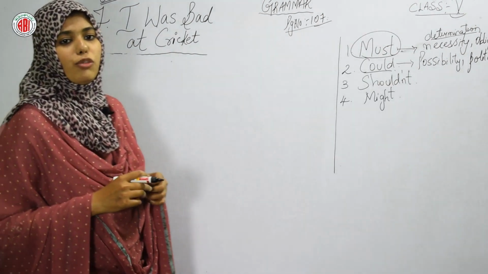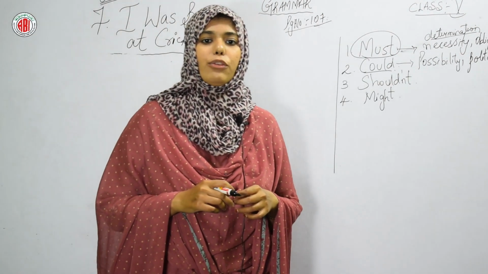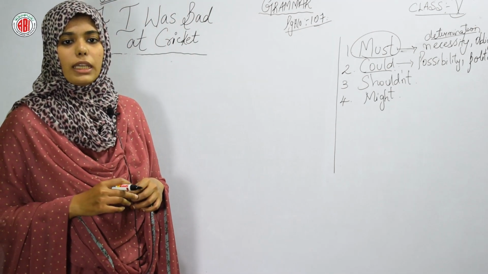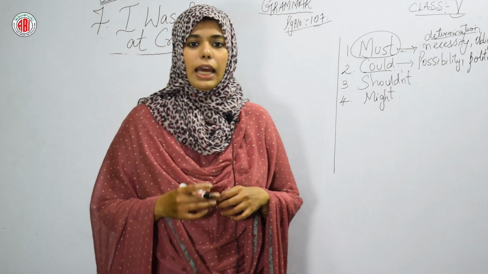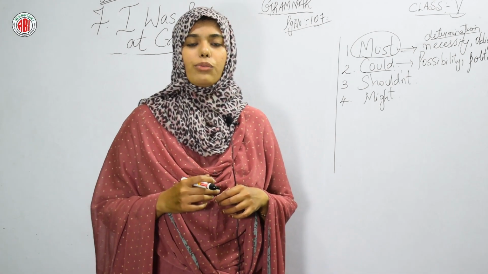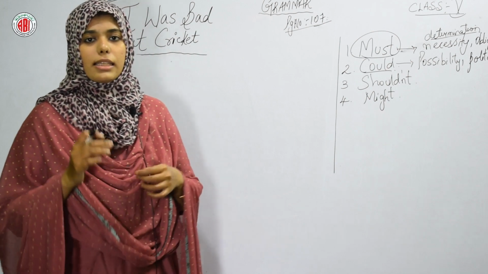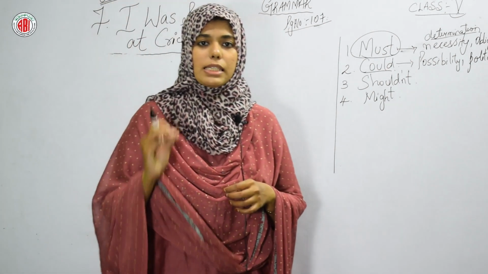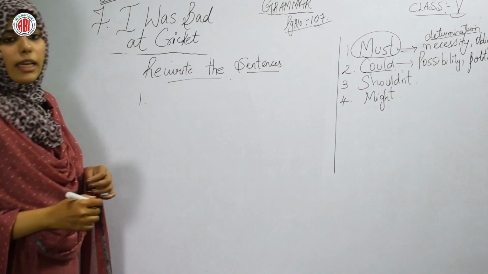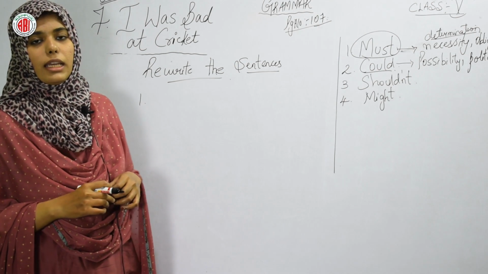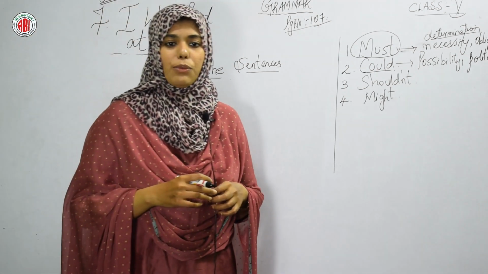Okay, let's move to another bit: rewrite the following sentences using modals given in the brackets. The sentences are given and the modal examples are also given in the brackets. We have to use those examples mentioned in the brackets and frame the sentence. We have to rewrite it. It is likely to rain, and the modal given here is may, M-A-Y.